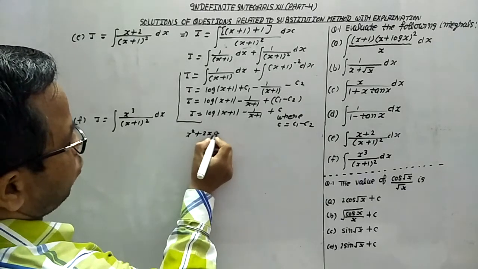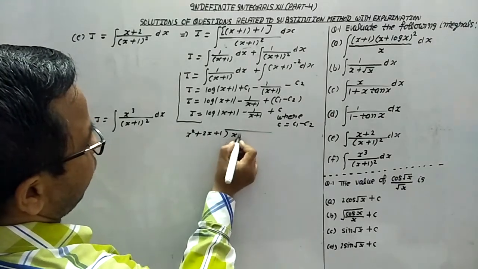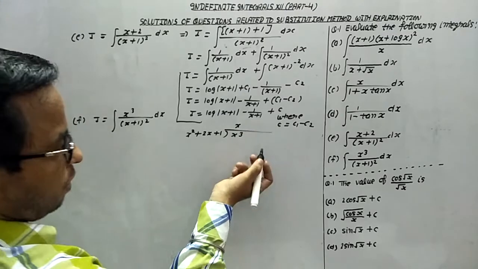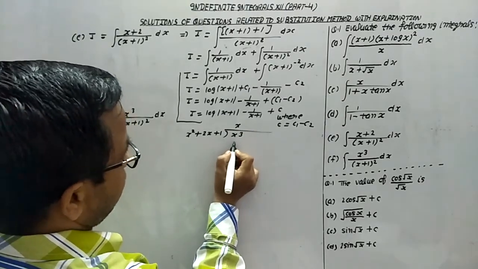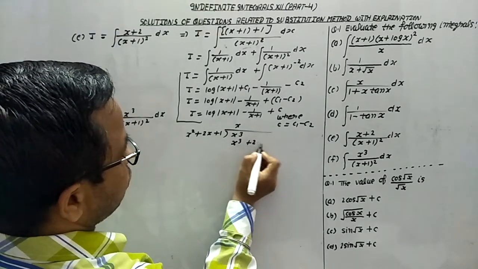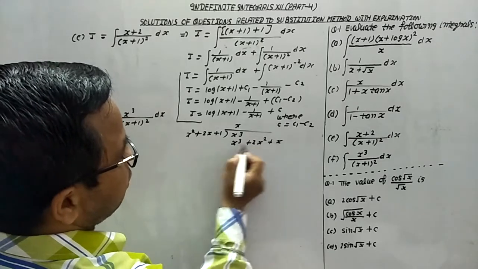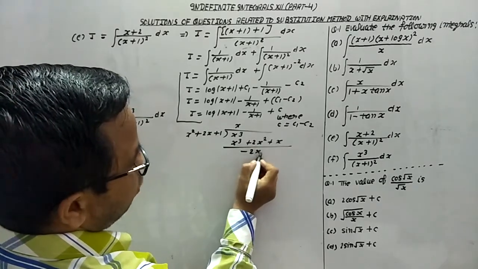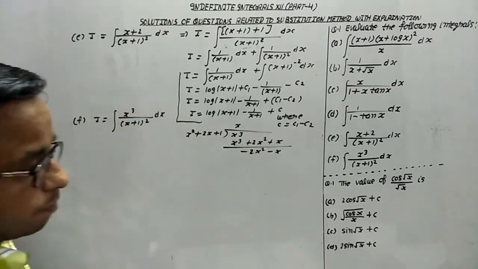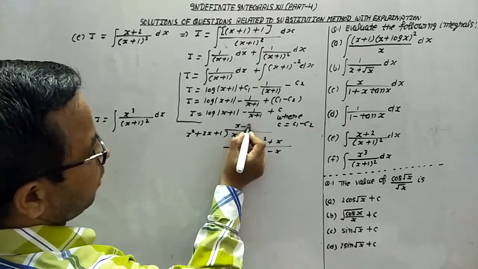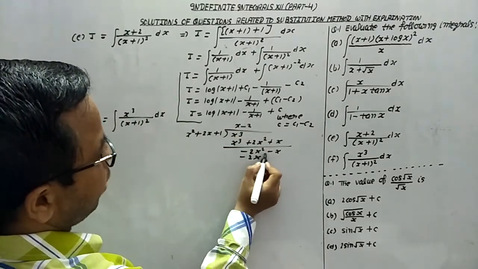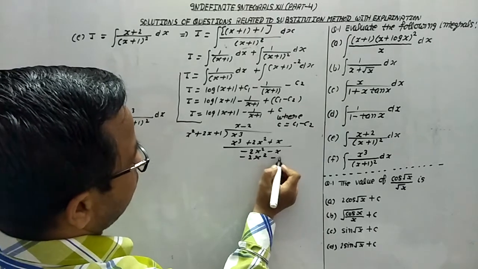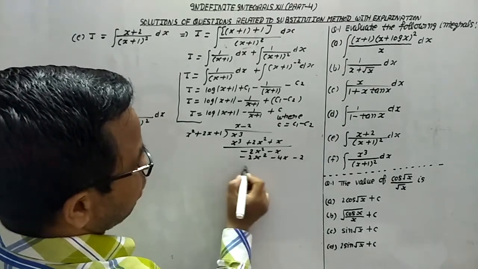Dividing x cube by x square plus 2x plus 1, we have to multiply by x. This becomes x cube plus 2x square plus x. Subtracting, this becomes minus 2x square minus x. Now by which term should it be multiplied? Minus 2, and this becomes minus 2x square minus 4x minus 2.